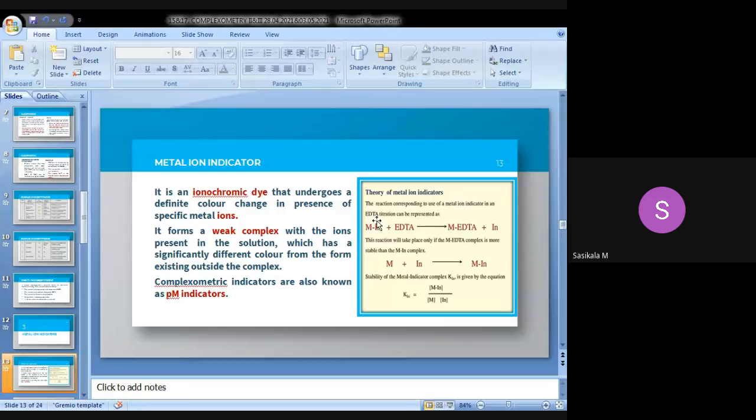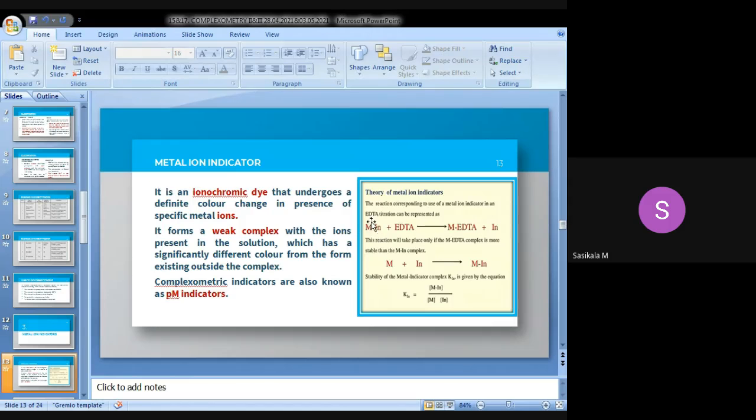The conical flask content is the metal and indicator, and the EDTA is the burette content. When EDTA from the burette is added to the conical flask, what does it form? A strong metal-EDTA complex at basic pH, 9 to 11. At pH 11, this stable complex is formed and the free indicator is released.